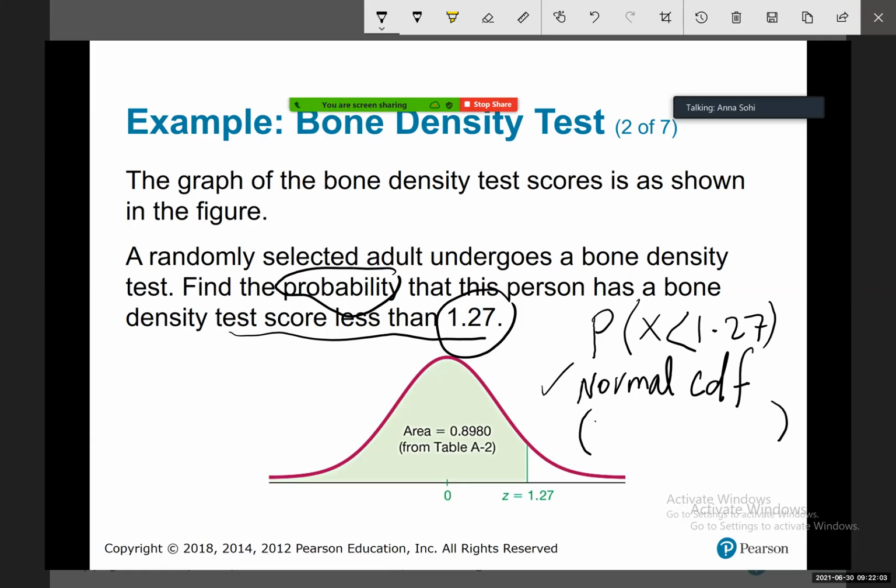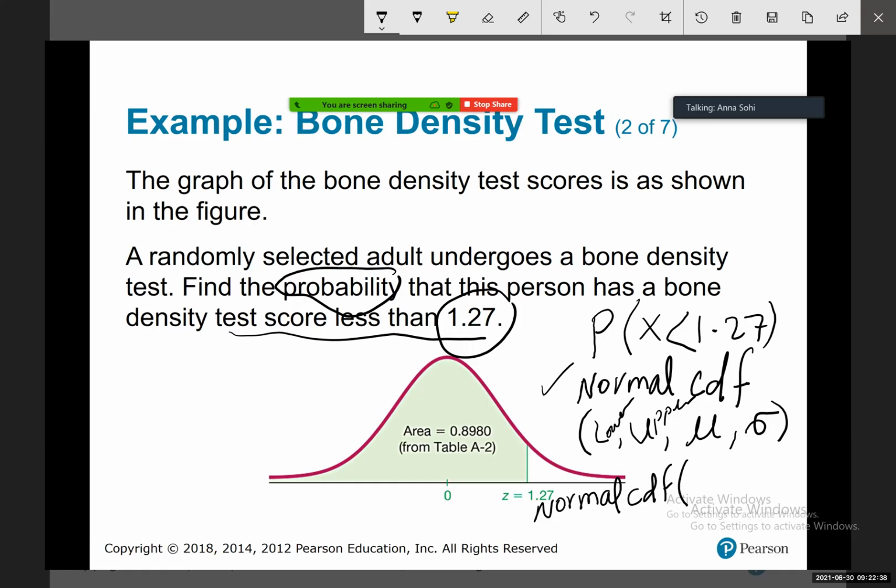Then you're going to put the lower limit, the upper limit, mu, and sigma. So lower, upper, mu, and sigma. So normal CDF.